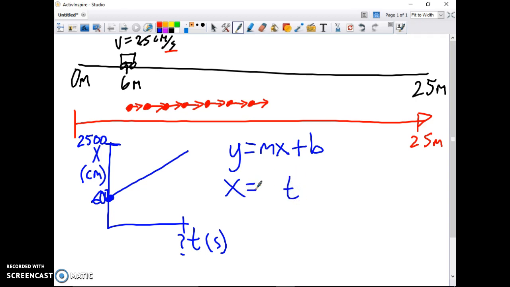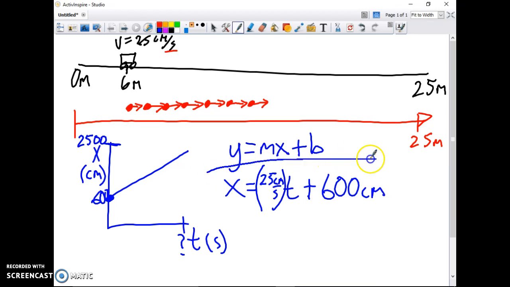The slope of this graph is how fast it's going. It would be 25 centimeters per second. So that's m, plus where it started, which is 600 centimeters. Here would be a mathematical representation of the motion.